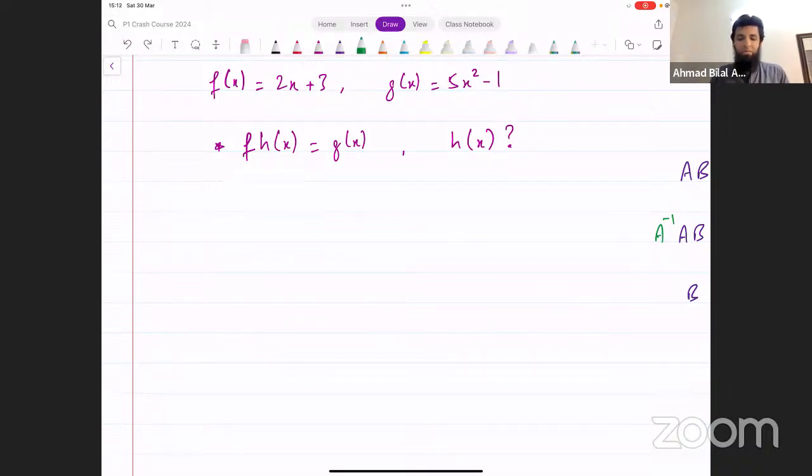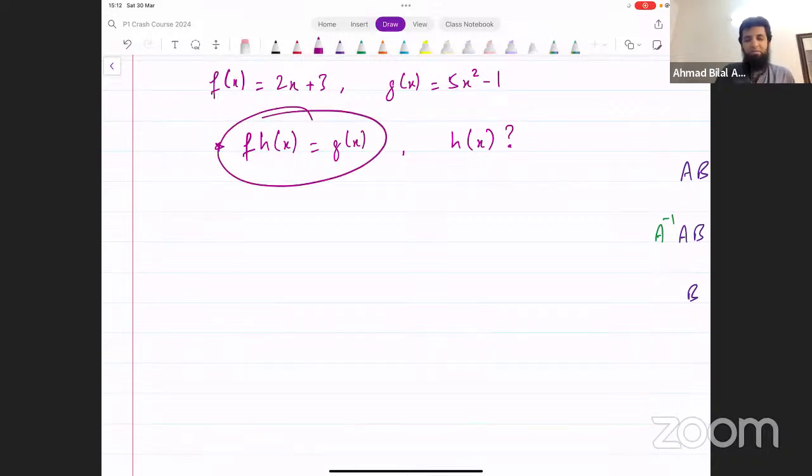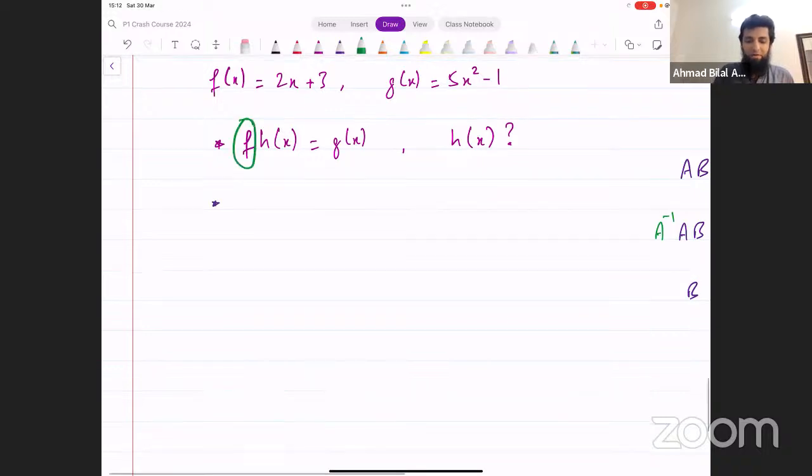Now, what do I mean by that? Let's try to understand this. We have f(h) of x. That equals g of x. We want to make h of x the subject. What we can do is, we can say, let's apply function f inverse on both sides. You have f here, right? If you apply function f inverse on both sides, on the left side, you would have something like this.